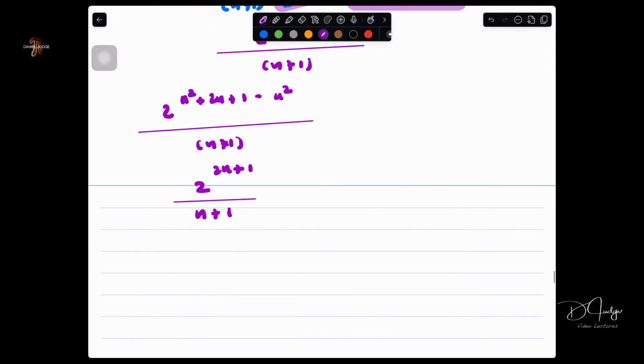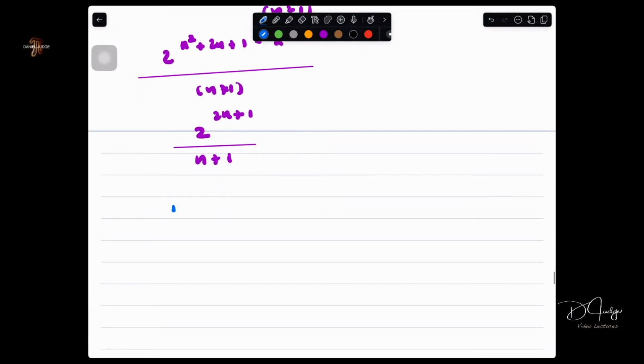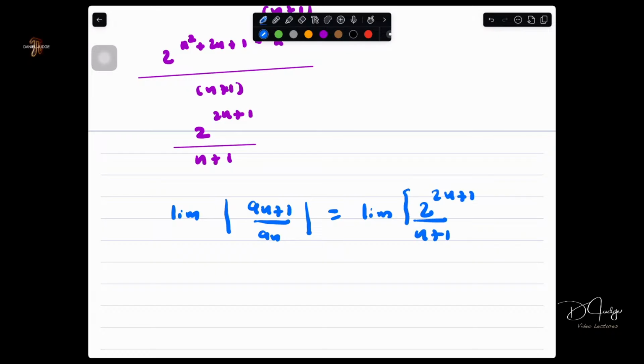All right, so let's take the limit now. So we're saying, okay, the limit of the absolute value of a(n+1) over a(n) is the limit of 2 to the (2n plus 1) over n plus 1.